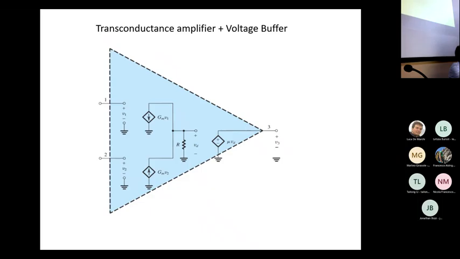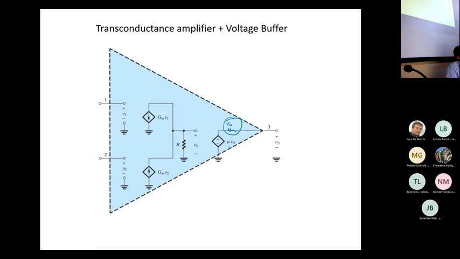You can also turn a transconductance amplifier into a voltage amplifier by adding an additional stage at the very end of the circuit. The last stage could be, for example, a common drain amplifier, so that you have this extra stage, which is characterized by a very low output resistance, which is what is needed for a voltage amplifier.